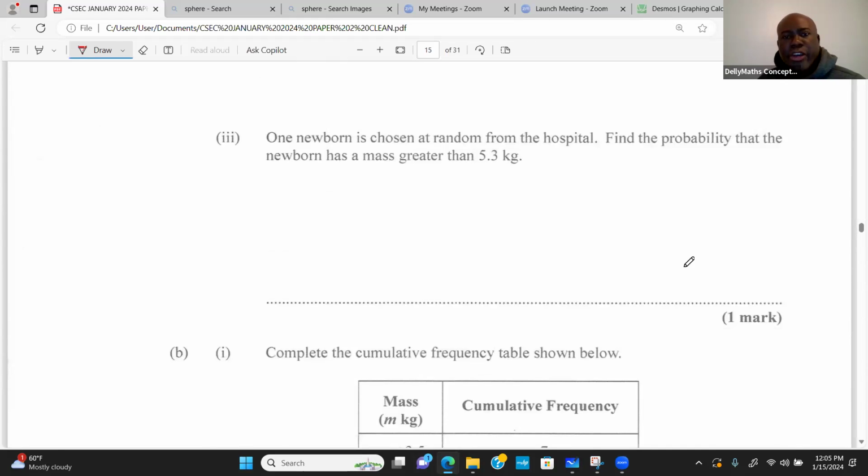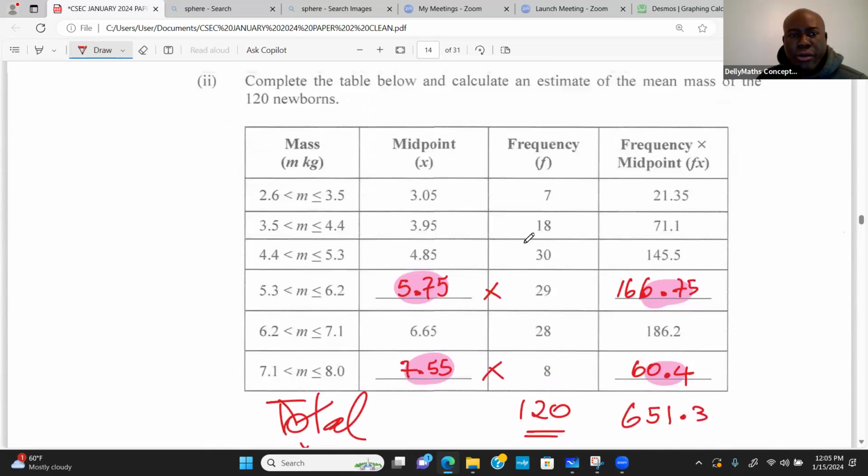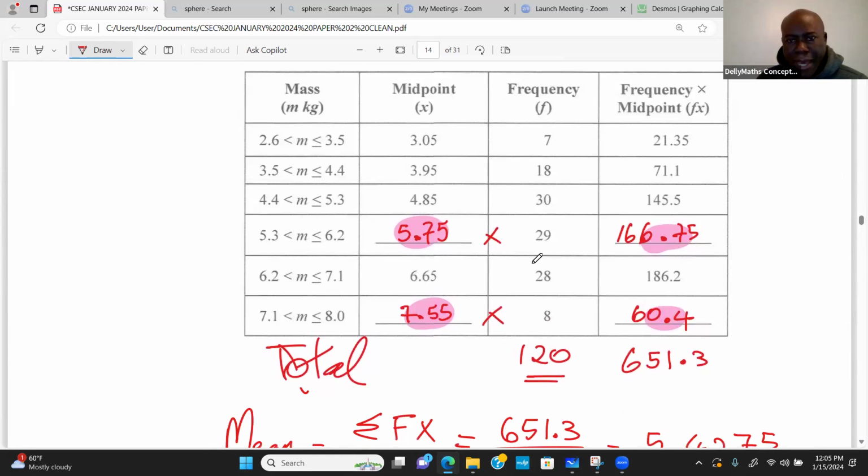Now, it says one newborn is chosen at random from the hospital. Find the probability that the newborn has a mass greater than 5.3 kilograms. So what we're going to do is go to the table and look for the masses that are greater than 5.3, all right?